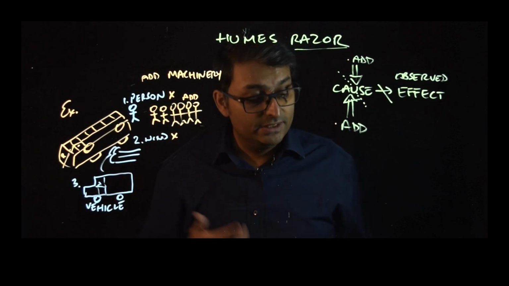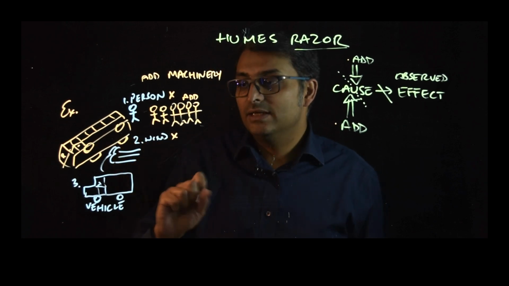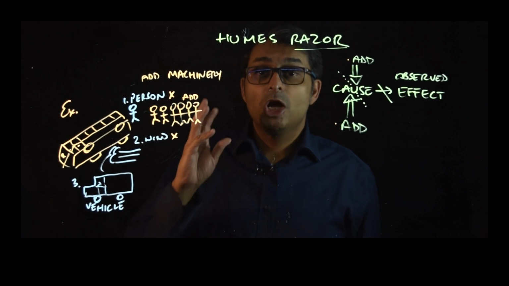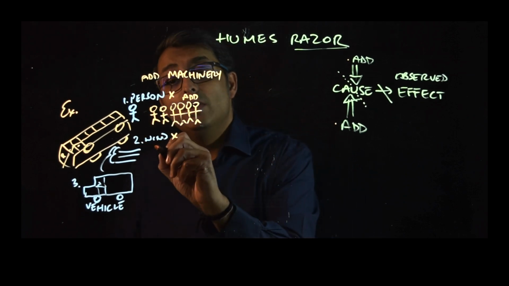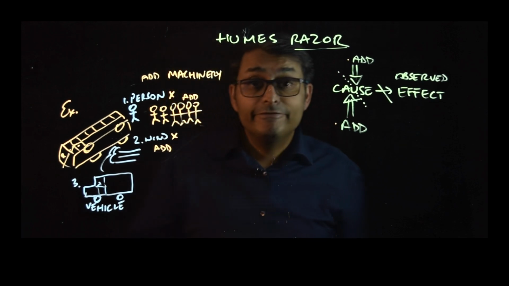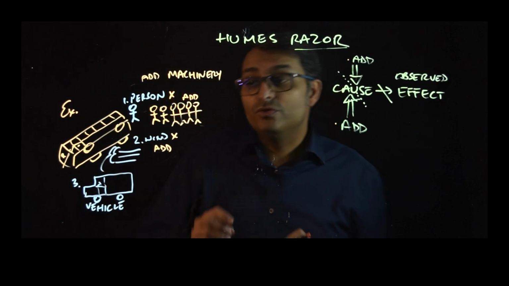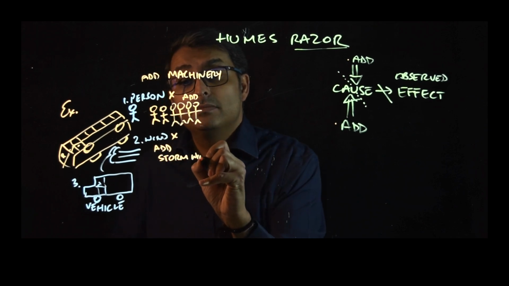With a gust of wind, similar with number two, we could say that we can eliminate this because a gust of wind is probably not strong enough to upturn a coach. But how could we make this sufficient? What could be the addition? Well, we could say if it would be bordering on storm winds.